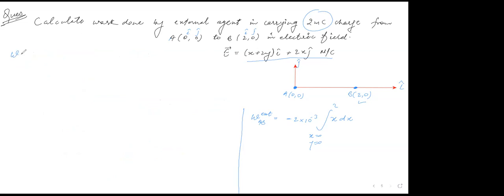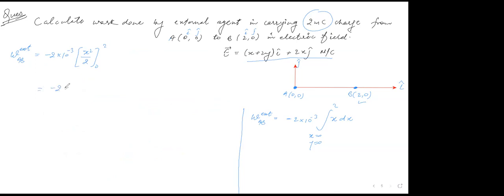Now, W_AB external is equal to, after integrating, 2 into 10 raised to the power minus 3. After integrating, you get x square over 2, from 0 to 2. You can take 2 outside.